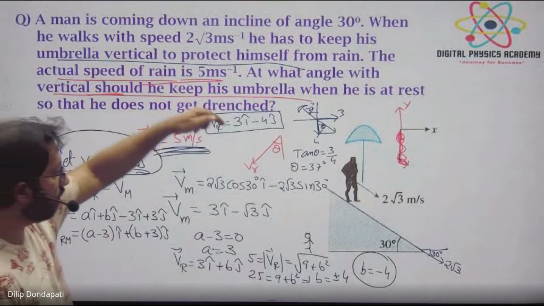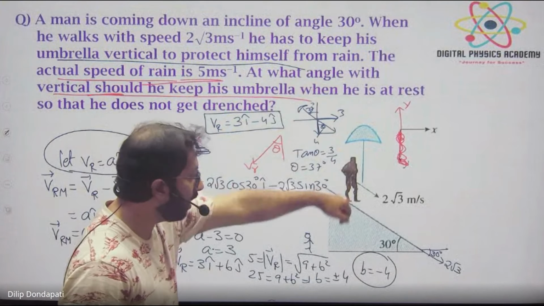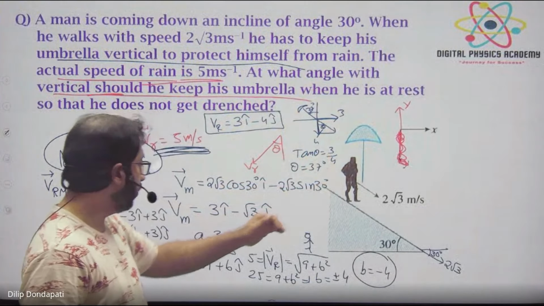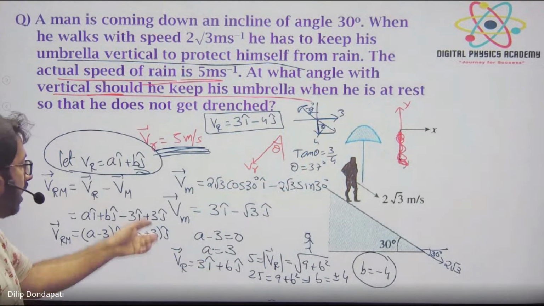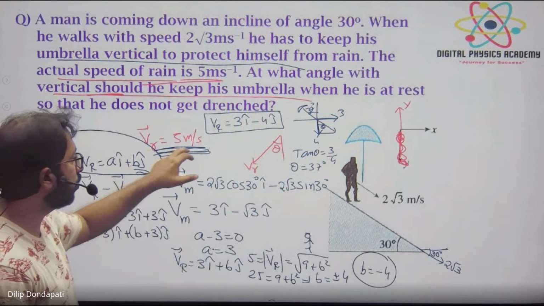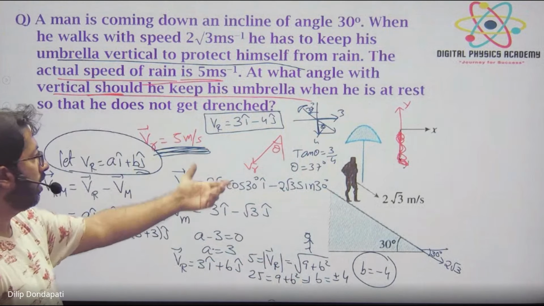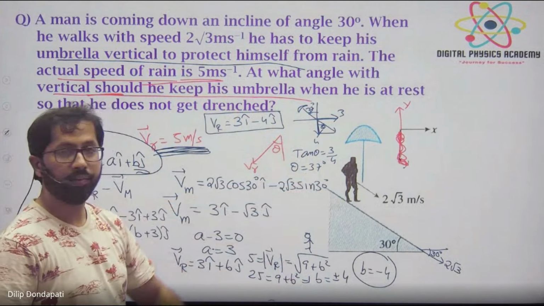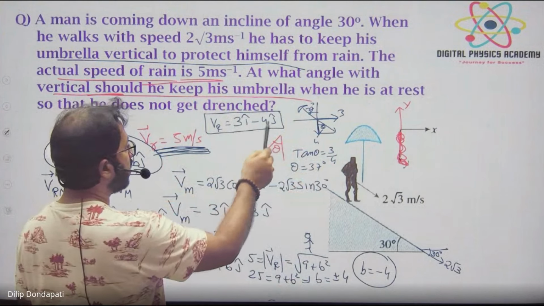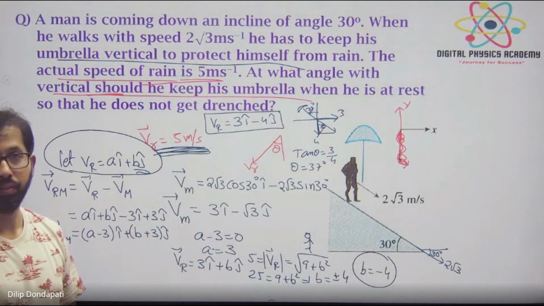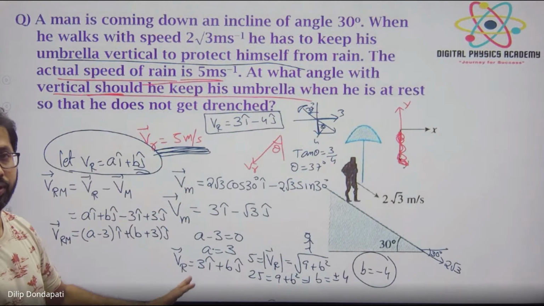Since he told in the first case that the rain is falling vertically, there is no X component, that's why I equated and we got the A value. The second clue is that the magnitude is 5, that's why I used the magnitude formula and found B. So the velocity of rain came, and from that we can find the angle. Look at its magnitude: root of 9 plus 16 is 5. Same, okay, place the umbrella at this angle so that he will not get drenched.